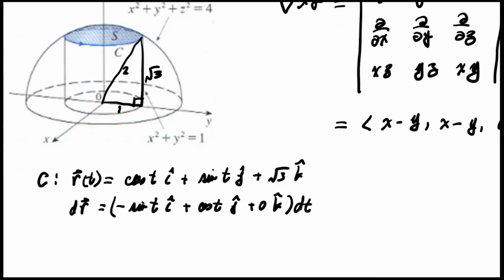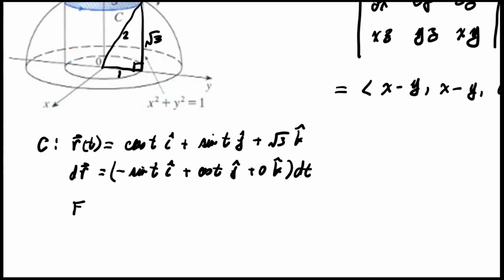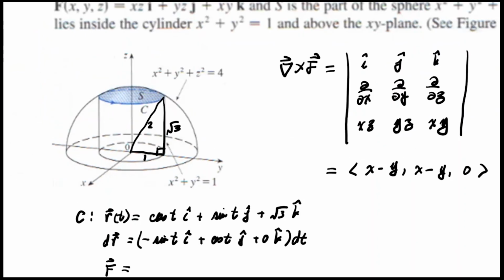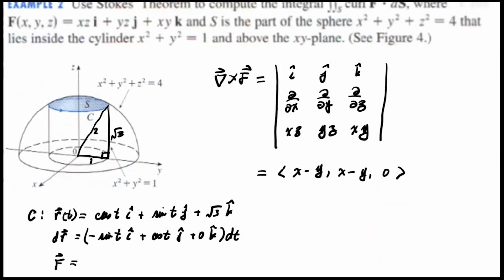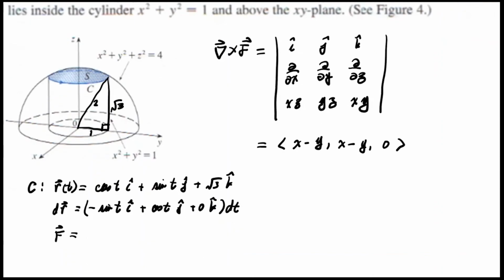Okay, let's figure out what f is. F up here, where is my xy? So xy, let me write it one more time. This is x, y, and this is z.